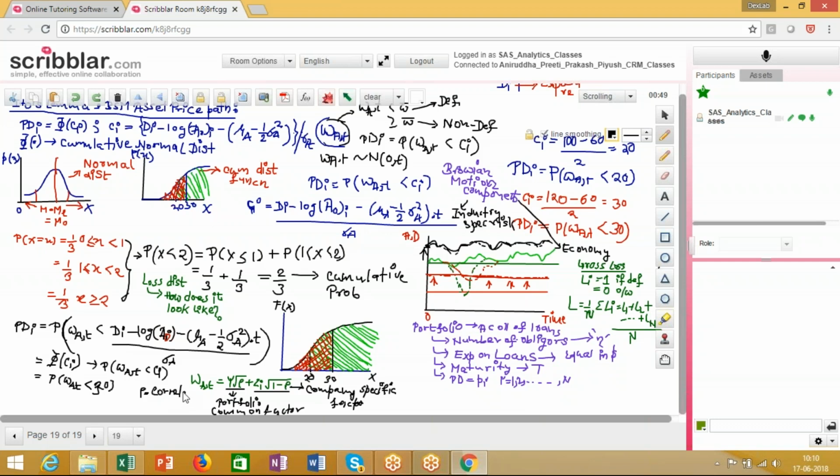So this is known as the correlation coefficient.